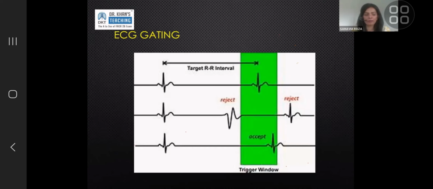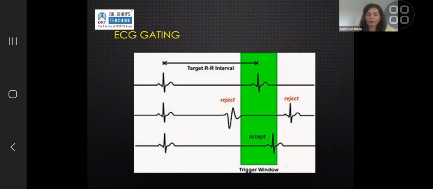The reason for doing that is you want to acquire images in a certain phase, whether that's systolic, mid-systolic, end systolic, or diastolic. The coronary arteries are maximally dilated in diastole, so they will be engorged with blood because it's a passive filling.